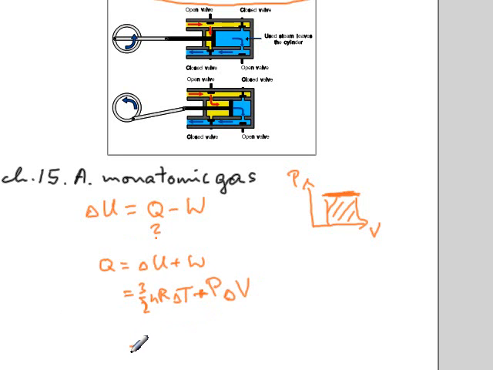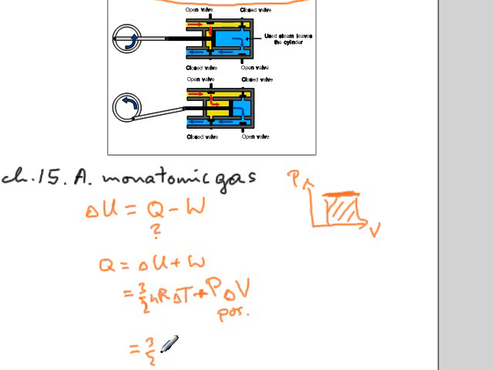At this point we can already decide that this part is positive because it's an expansion. The delta V, going from here to there, must be positive. The pressure is always above zero. There are no negative pressures, so this term is positive anyway, and now we have to figure out the other one. For this one, I'm going to use the ideal gas law.